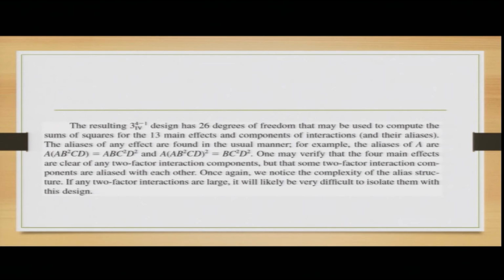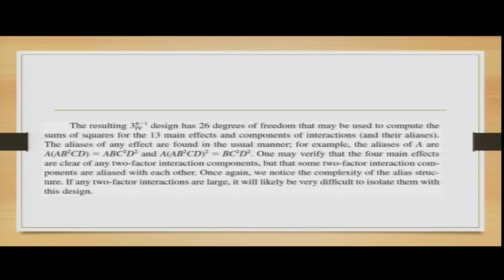The resulting 3 to the power 4 minus 1 fractional design has 26 degrees of freedom that may be used to compute the sum of squares for the 13 main effects and interactions which you are trying to find out. The aliases of each effect are found in the usual manner. For example, the alias of A is given as A into A B square C D, and A into (A B square C D) whole square comes out to be B C square D square.